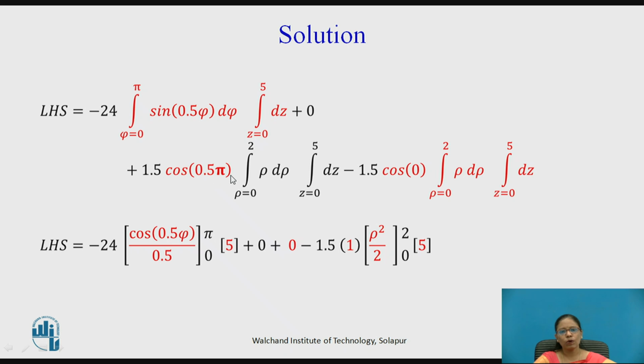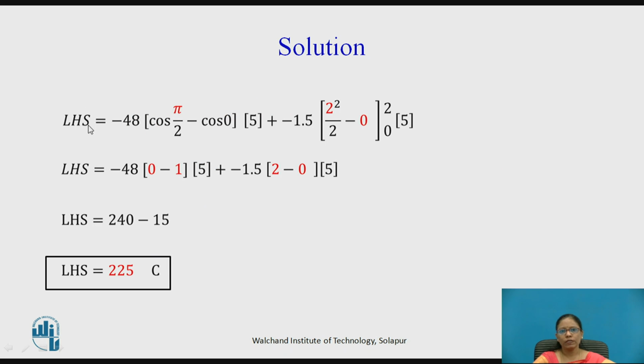It indicates cos pi by 2 and the value of cos pi by 2 is 0. So this term goes to 0. Whereas in the last term, 1.5 is written as it is. Cos 0 has value 1. Integration of rho d rho is rho square upon 2 and integration of z is 5. So this is the simplification of the previous step.